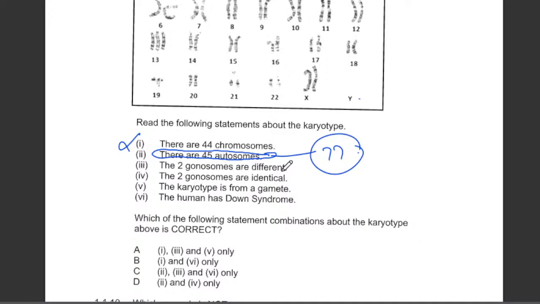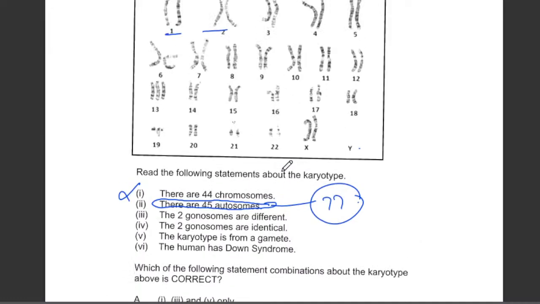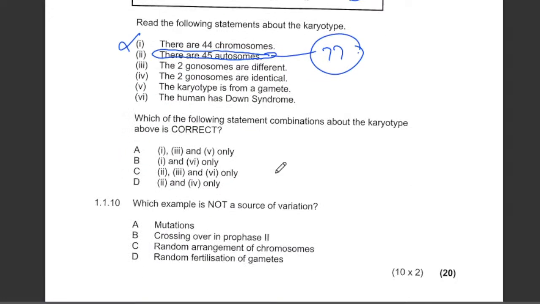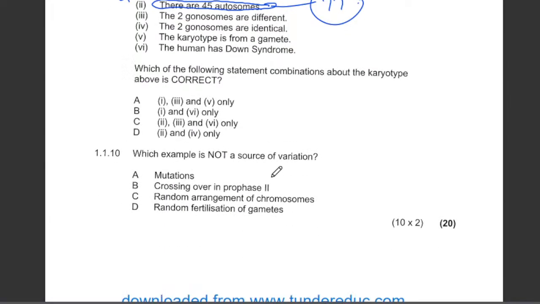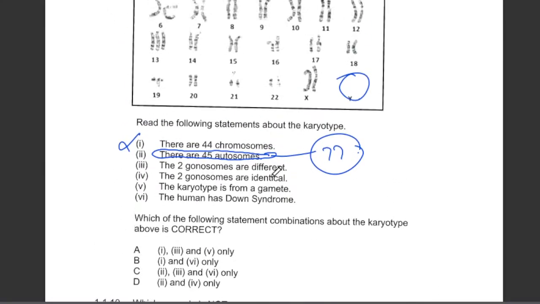Gonosomes are different. Are they different? Someone can say yes, but here there is nothing. They're saying that the karyotype is from a gamete. Yes, it looks to be from the gamete because it is only having one chromosome.